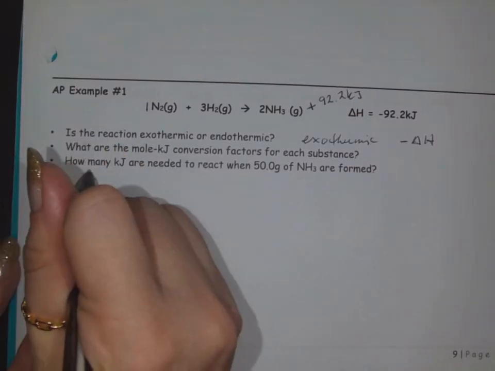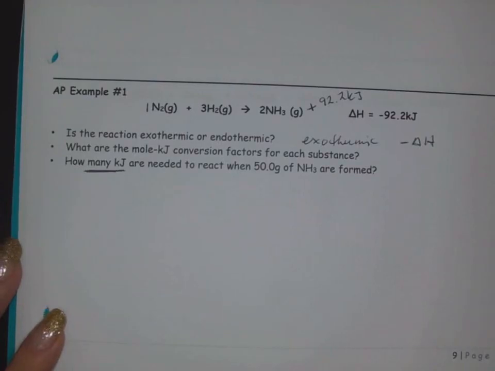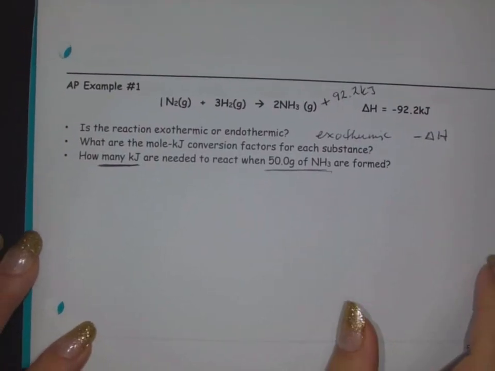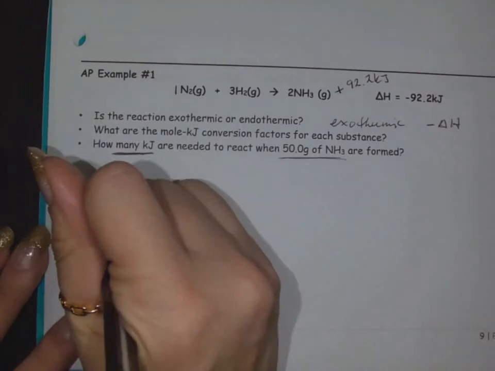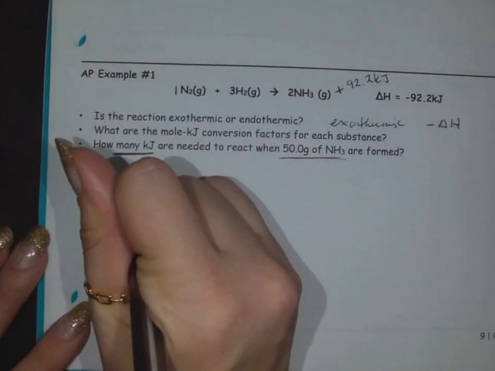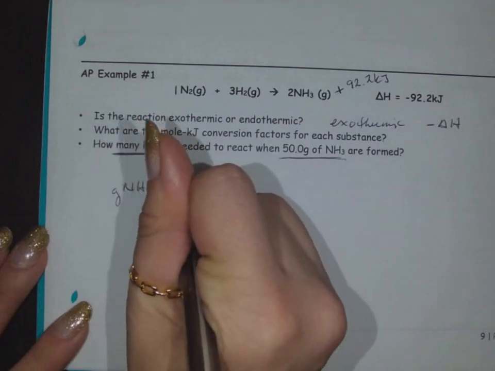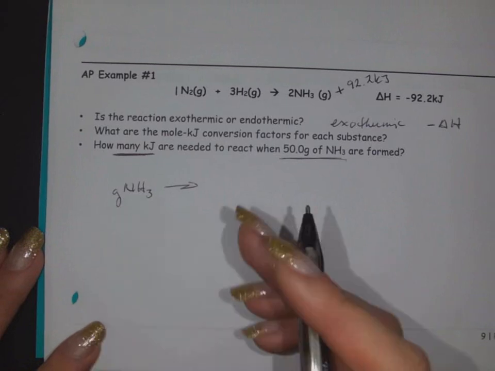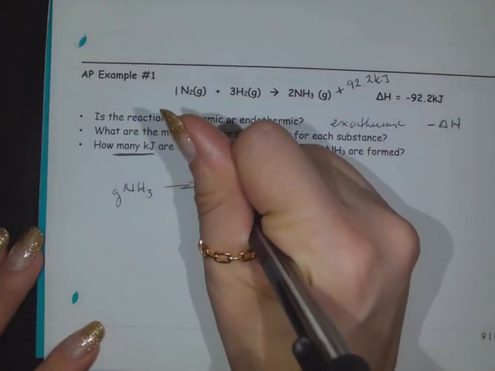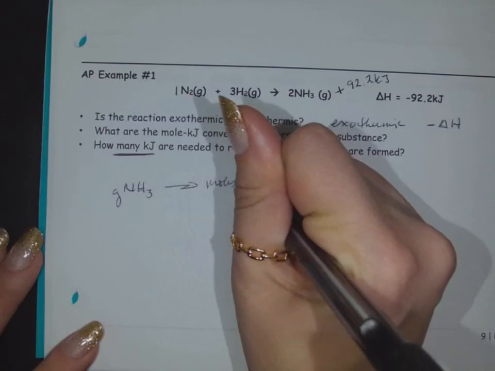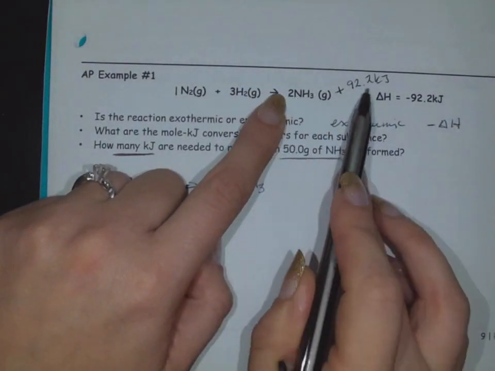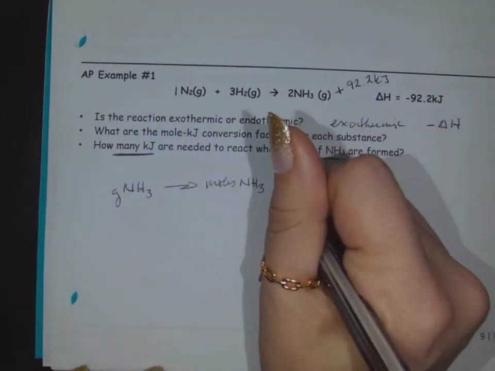How many kilojoules are needed to react with 50 grams of NH3? Okay, so we're starting with grams of NH3, and per usual, our connector is moles. So if I know grams of NH3, I want to go to moles of NH3. And then what's really cool is once I have moles of NH3, now I can convert it to kilojoules.